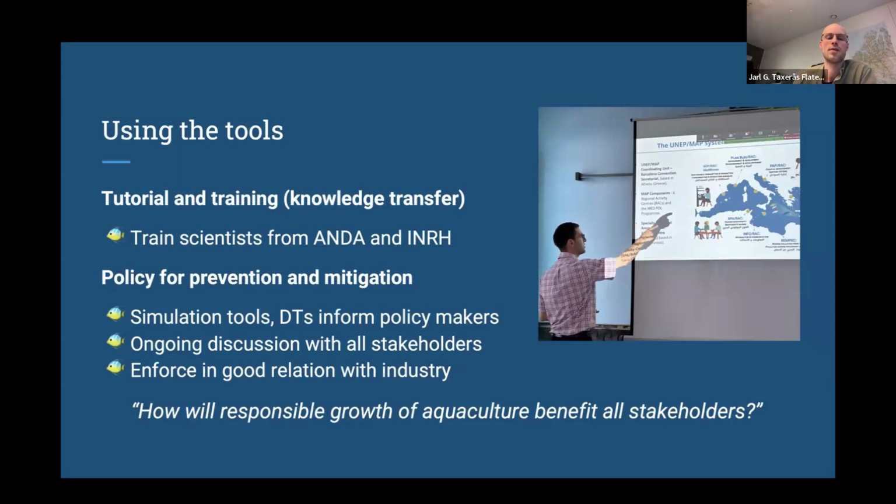And moreover, these tools need to be used and shown to policymakers in order to make good regulations that lead to benefits for all stakeholders, like Houssine was also mentioning.